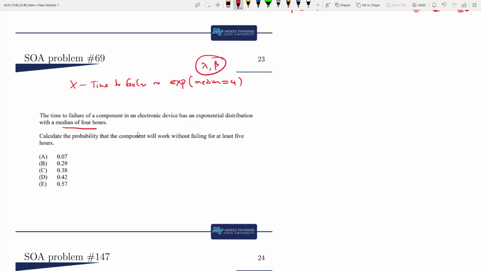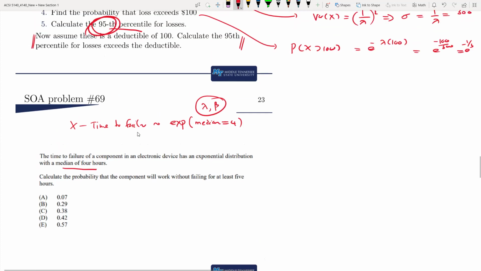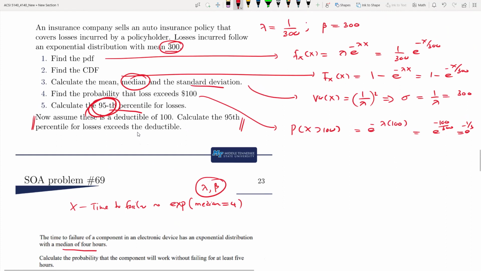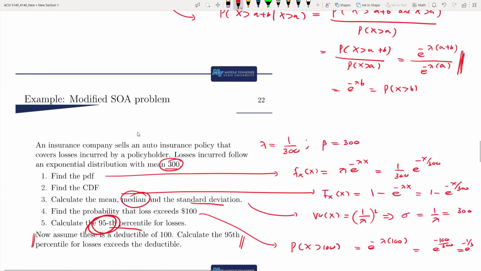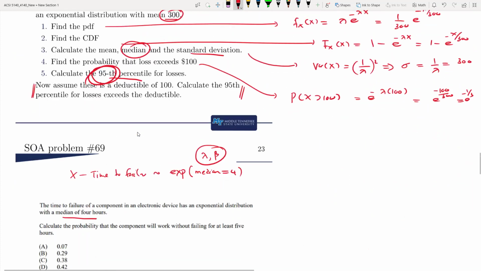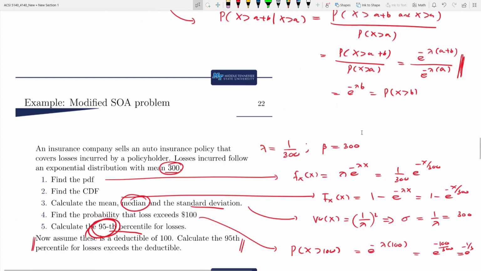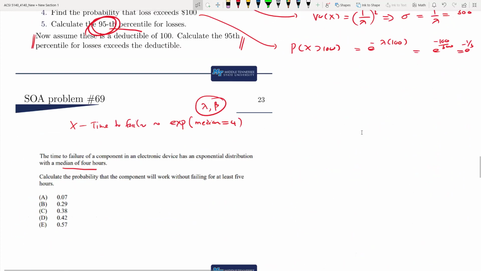Since we know the median, we can extract that. We derived a formula for the median earlier, but I erased it, so let's derive it again.